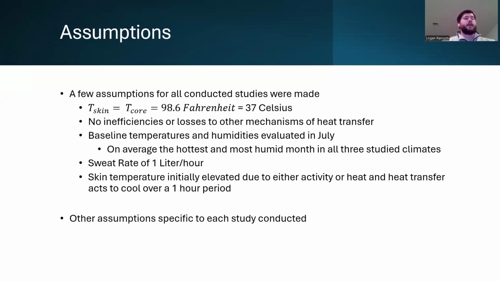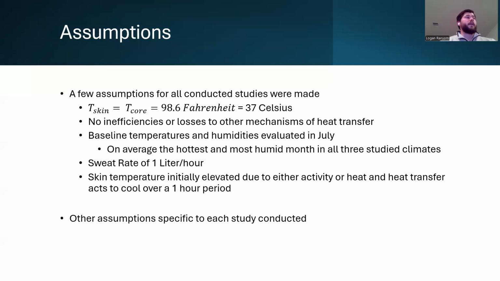Another assumption is that there are no inefficiencies, no losses, or other forms of heat transfer occurring in the defined system outside of those that have been previously defined. A third assumption was that the given climates were studied in July, which is historically the hottest and most humid month in all three climates, those three climates being Houston, Texas, Knoxville, Tennessee, and Richmond, Virginia.